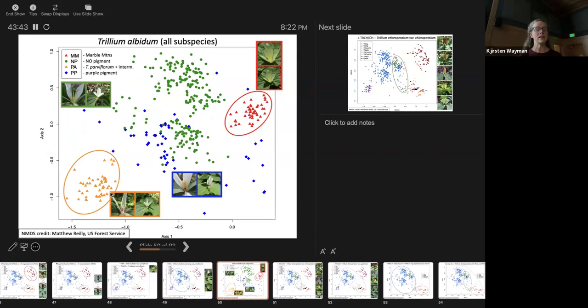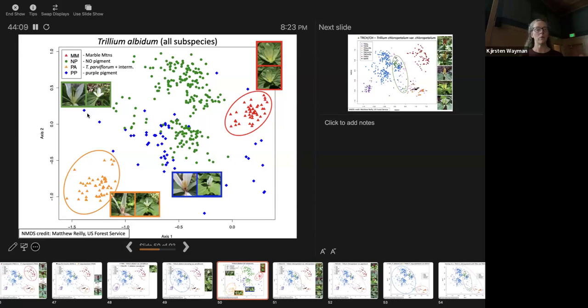Down here, we see the individuals from Trillium parviflorum populations, in addition to those intermediates or questionable plants. They all cluster together nicely. And then the green dots are Trillium albidum without purple pigment. There's sort of a large area that they occupy. And then those plants with purple pigment, as you can see, really are just scattered throughout everything.